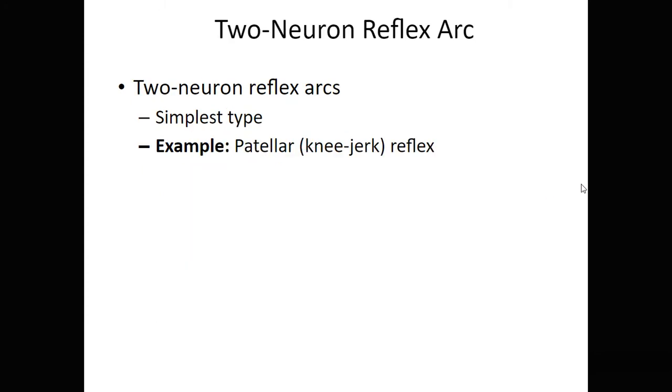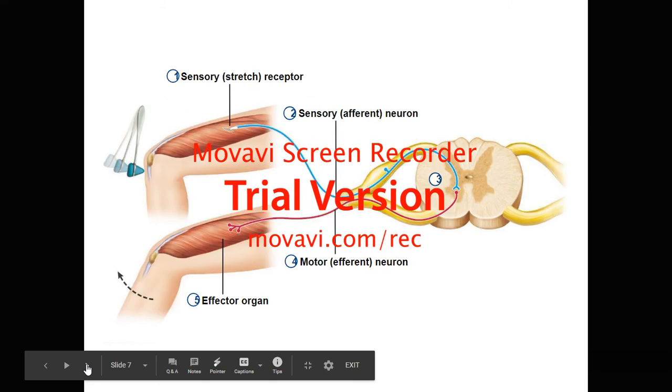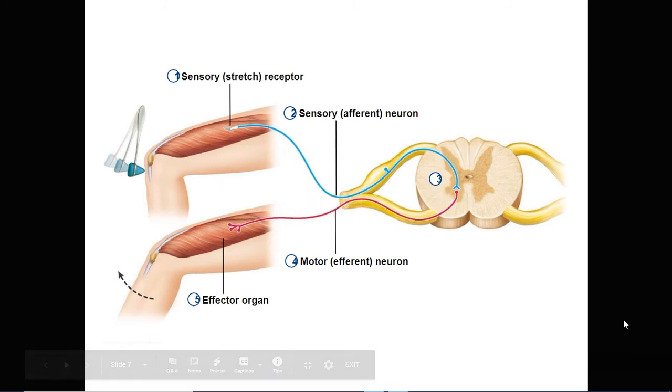All right, one of the most common reflexes that everyone likes to do is the patellar reflex. Here's the diagram of it, so it's easier to talk about it with the diagram. This patellar reflex is a specific example of a stretch reflex.